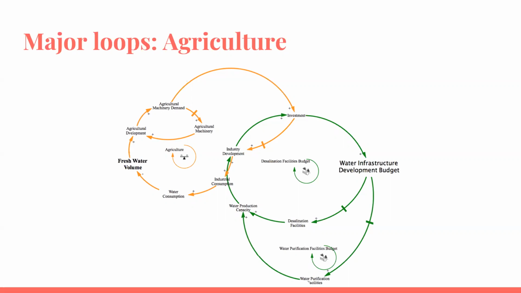When you have enough water, by increasing the amount of water, you can develop agriculture, and with the development of agriculture, a potential need for agricultural machinery will appear here. So the industry part will be activated, and this brings investment to Chabahar, and you can see the rest of the loop.